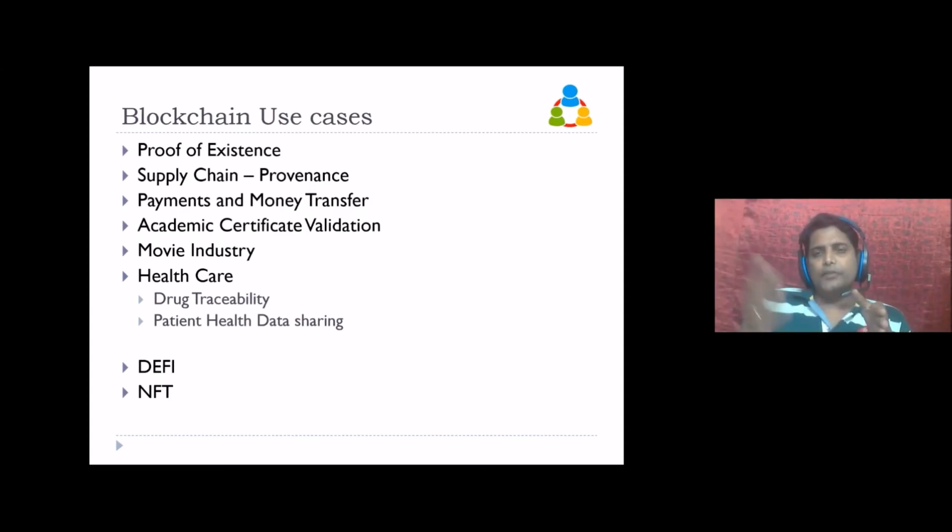There, if you fall ill and visit a hospital, through blockchain the hospital can share the data with the other hospital, and the whole history of the patient's health record can be shared with the hospital in Bombay. That is via blockchain in a secure manner.